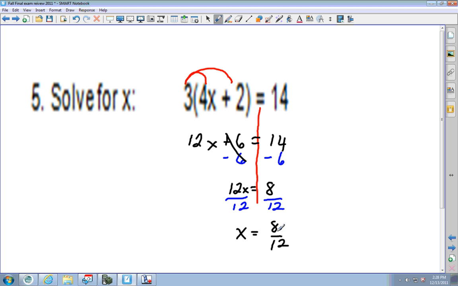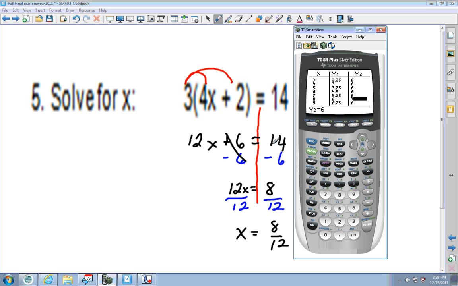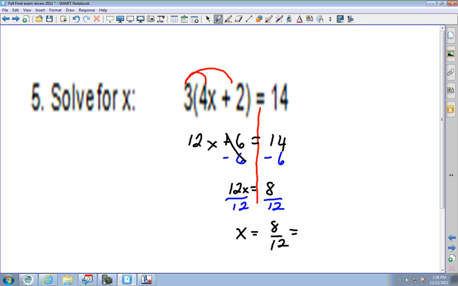Now we need to reduce this. We can put in the calculator, you can go in there and put 8 divided by 12, and then math, enter, and then you reduce this to 2/3. So that equals 2/3. You can also put it in the calculator the way we talked about.